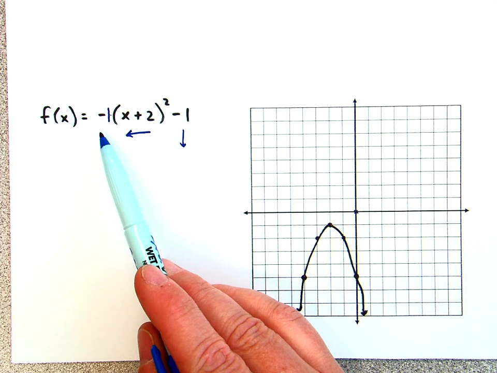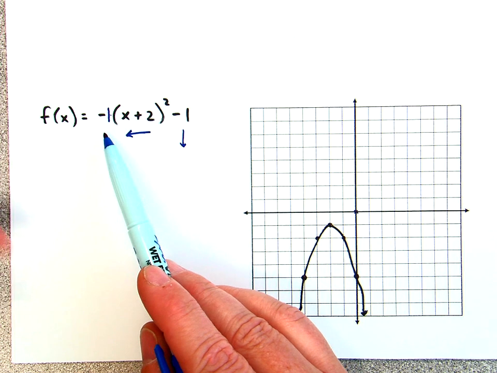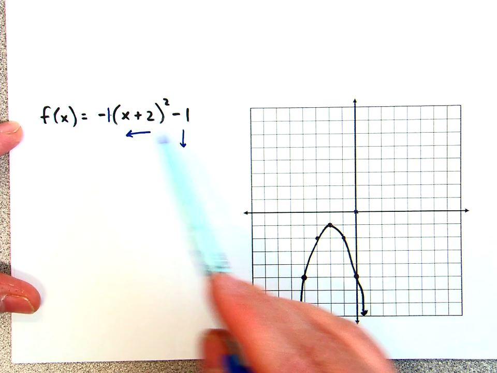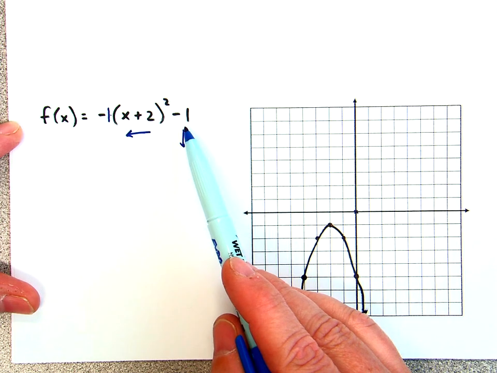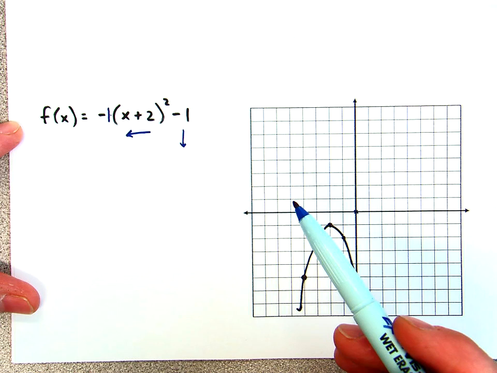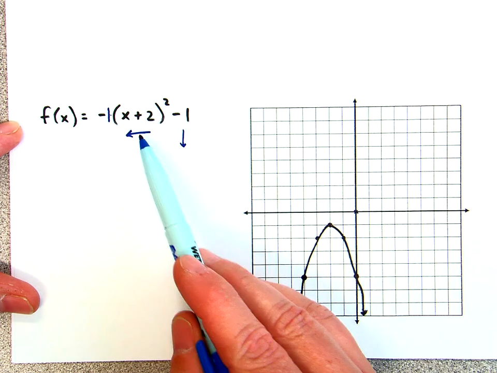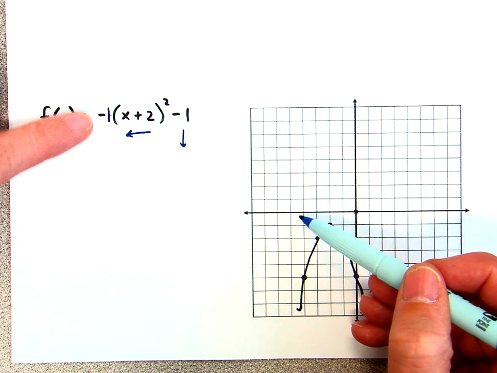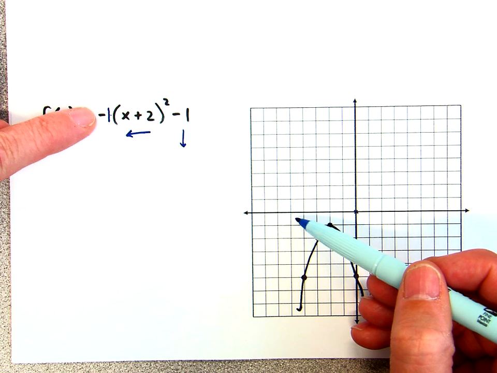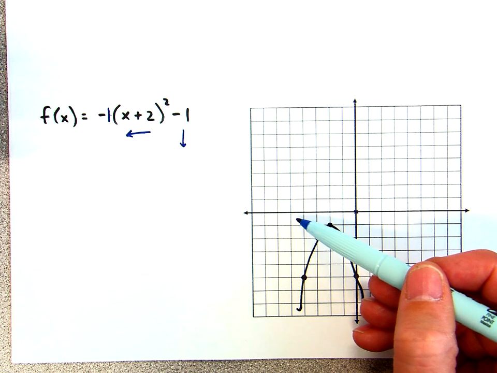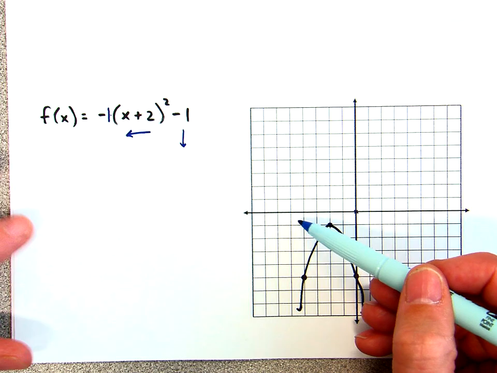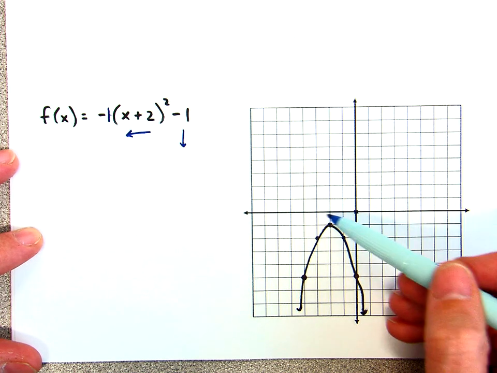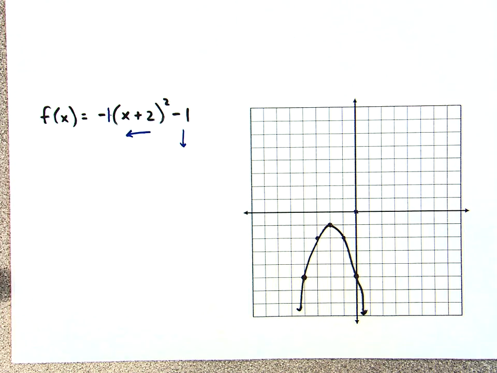Then we would take the a value, which will either reflect it if it's negative like this one, or do a stretch or compression, and then shift this thing up or down depending on what our k value is, right? But since the horizontal shift is always going to move it on the x-axis, if you want to think about doing this a value first, which is going to be a reflection, and then shift it to its new location, then we'll have it where it needs to be anyways.